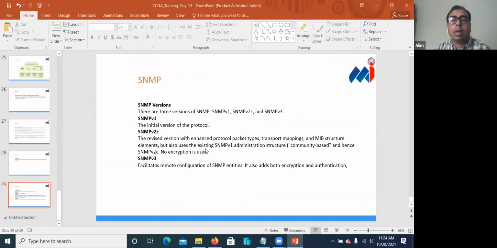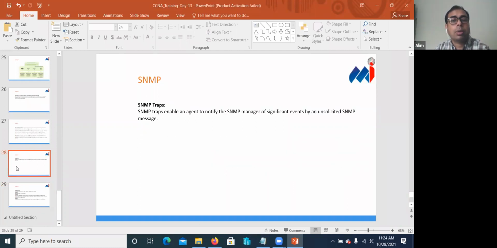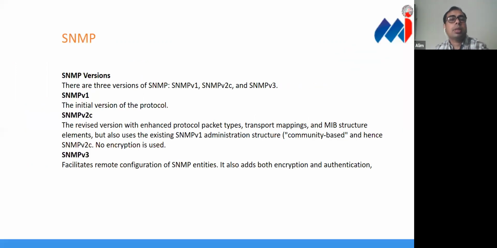Another most important concept is the SNMP version. It is very important. You have to remember SNMP has broadly 3 versions, but there may be other versions. We will mostly focus on these: version 1, version 2c, and version 3.